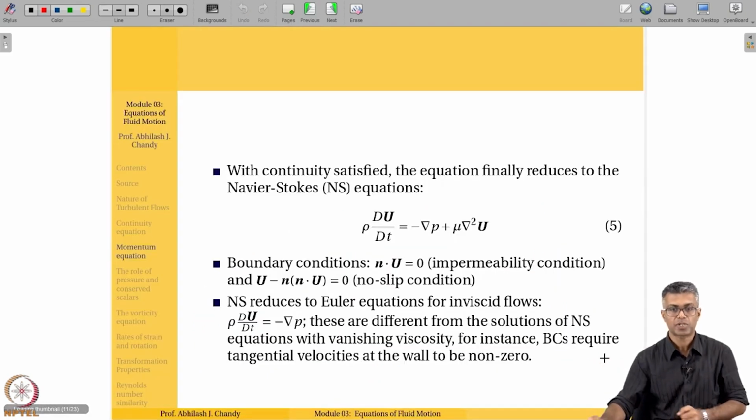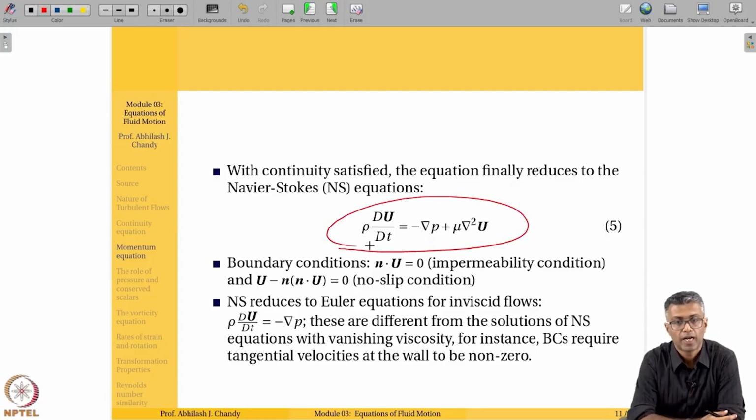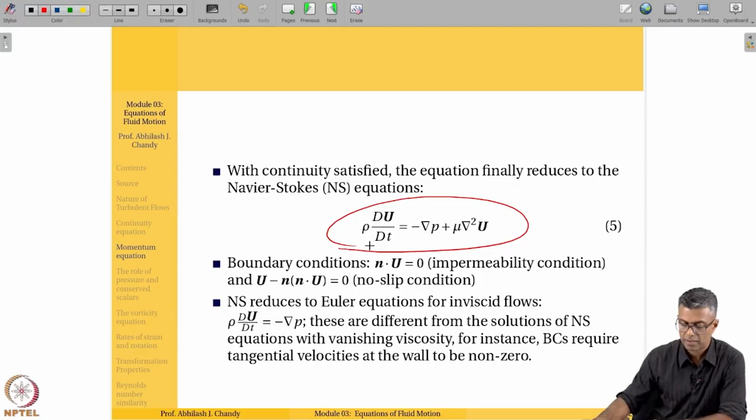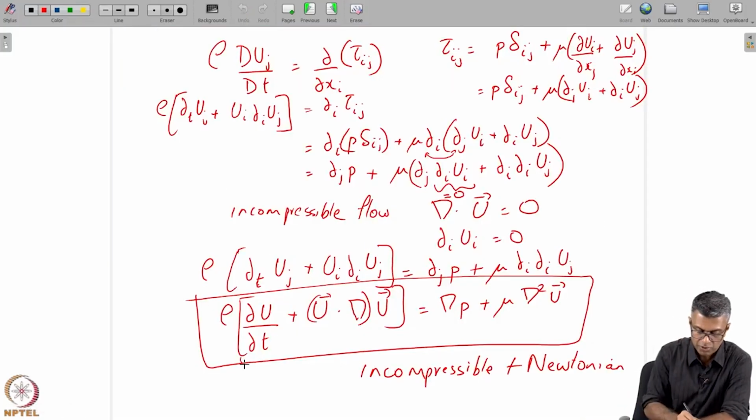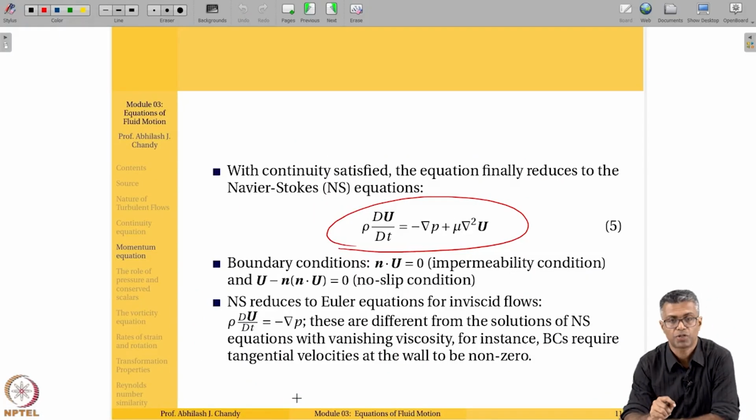Now if I go to this equation, that is exactly what I have written. Now I have just written it in terms of the material derivative, and of course we can do that because this right here is rho du dt, and that is exactly what I have here in equation 5.